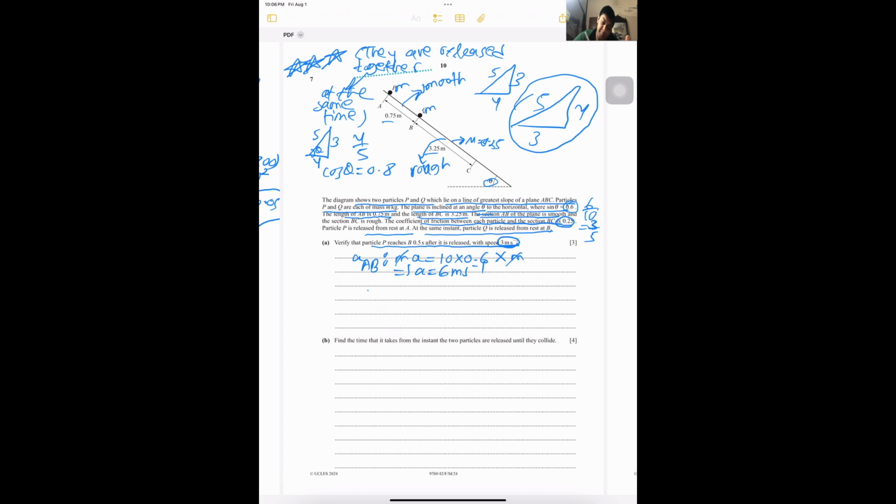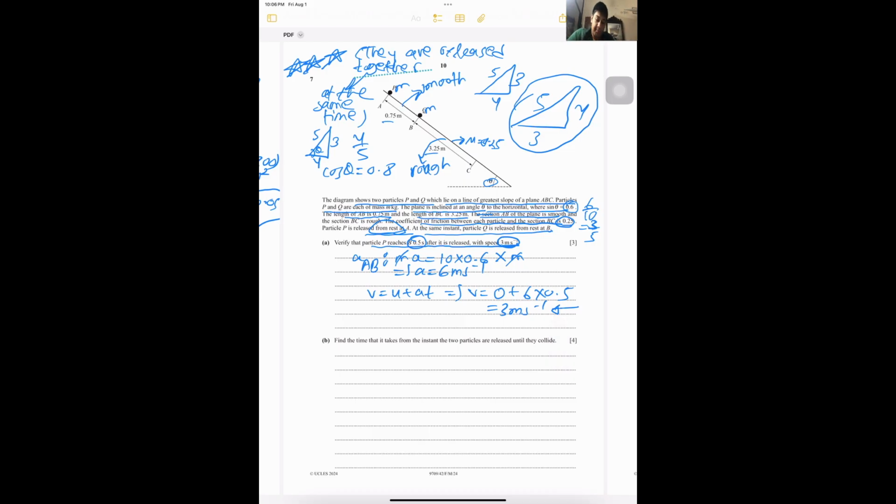Now to find the speed, v equals u plus at after 0.5 seconds. So v equals, initial speed is 0 as it is released from rest, plus 6 into 0.5, which is 3 meters per second.